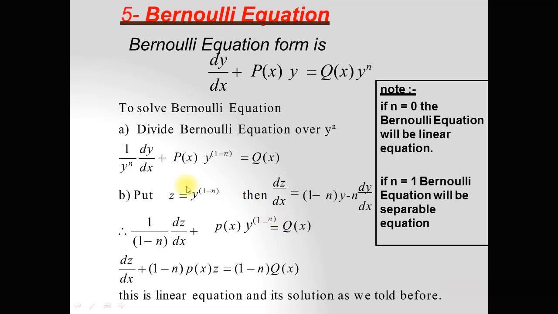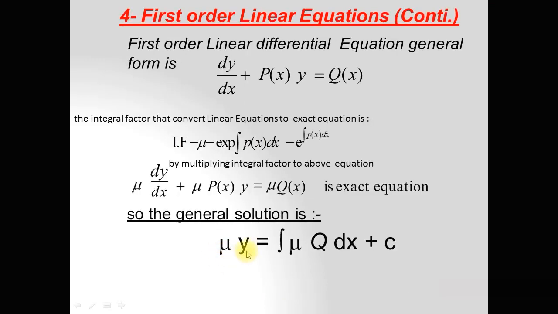So dear students, using some substitutions we can transform the Bernoulli equation into a linear form, and then we can solve this equation easily by this formula: integrating factor multiplied by the dependent variable is equal to integration of the product of the integrating factor and the Q function with respect to x plus c.